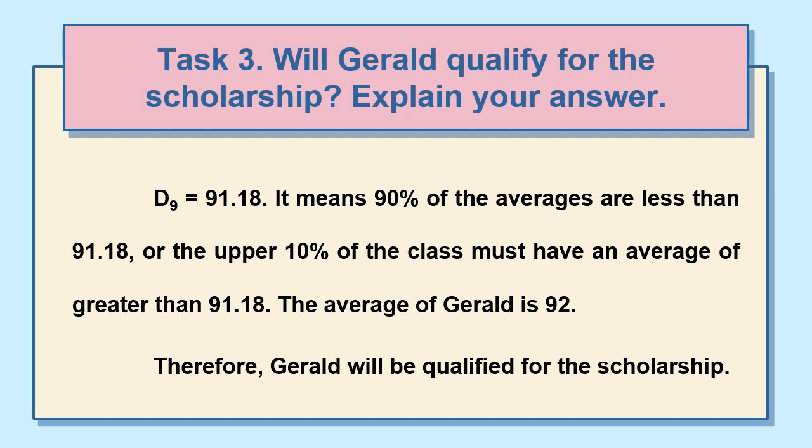It means that 90% of the averages are less than 91.18, or the upper 10% of the class must have an average greater than 91.18. Take note that the average of Gerald is 92. Therefore, Gerald will be qualified for the scholarship.